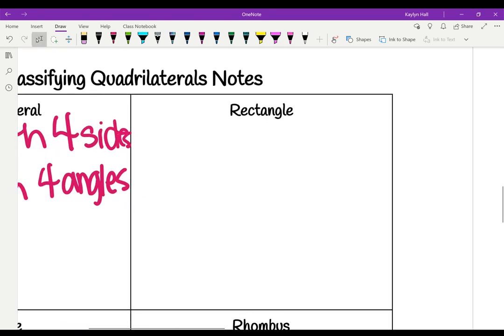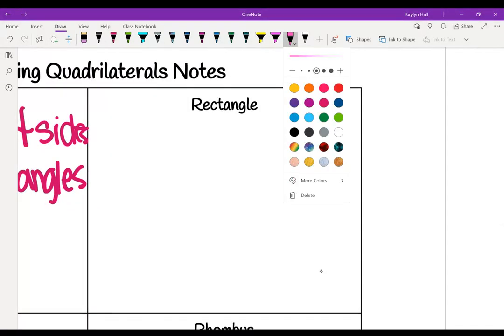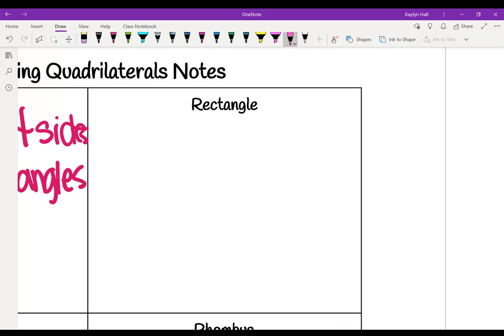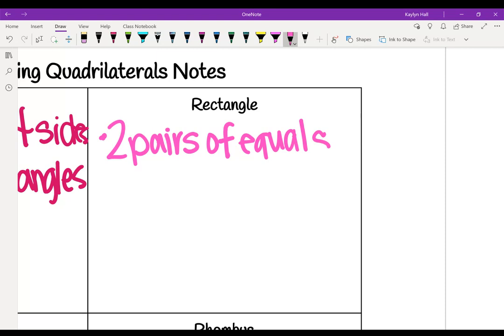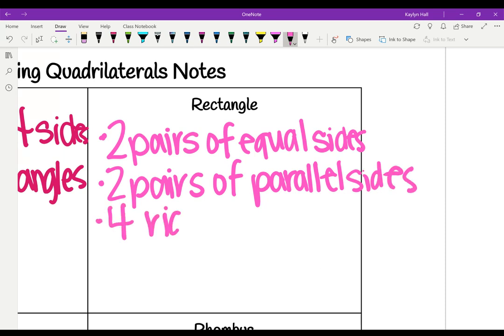So our first is rectangle, and you know what a rectangle is, but we're going to just spell out the specifics of what makes a rectangle a rectangle. So rectangles have 2 pairs of equal sides, 2 pairs of parallel sides, and 4 right angles.